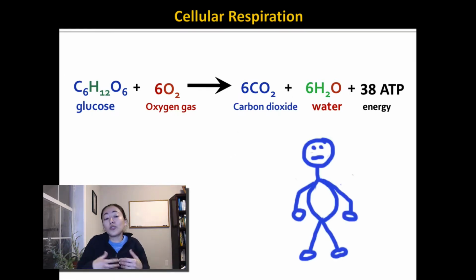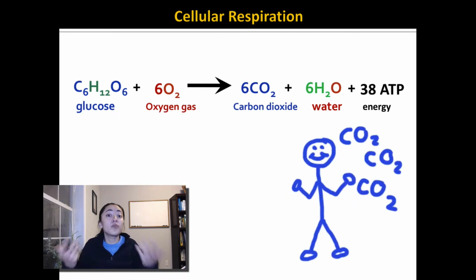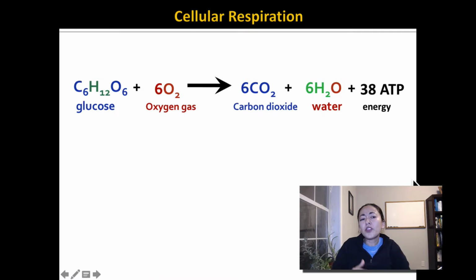This is why when you lose weight, most of the mass is actually lost in the air that you breathe out. So if the carbon atoms in glucose are breathed out as carbon dioxide, then what happened to the hydrogen atoms that were in glucose? They had to have gone somewhere. The only product of cellular respiration that contains hydrogen atoms is water.